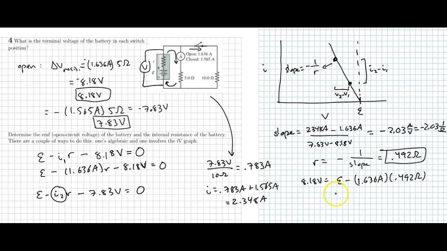That is 1.14 volts. So this EMF is 9.32 volts. And that would be, if you had a fancy way to find your intercept, that's what it would be, if you're thinking sort of real geometrically about it.